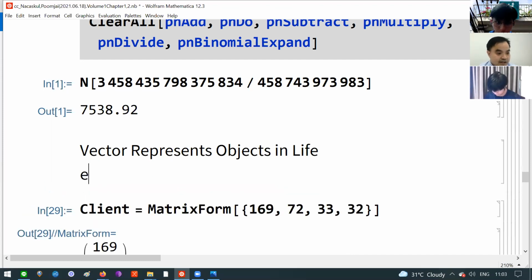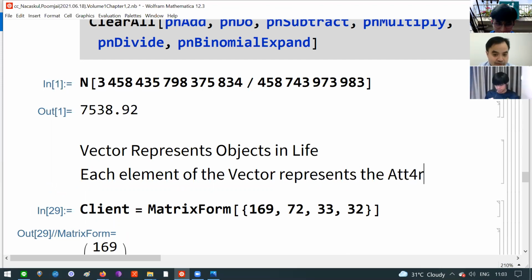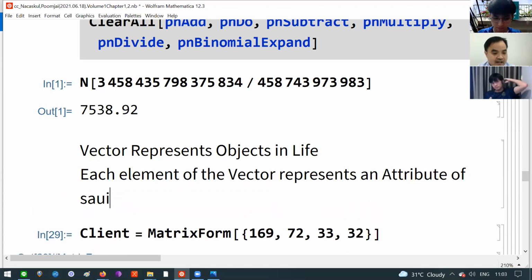Each element of the vector represents an attribute of, say, an object.